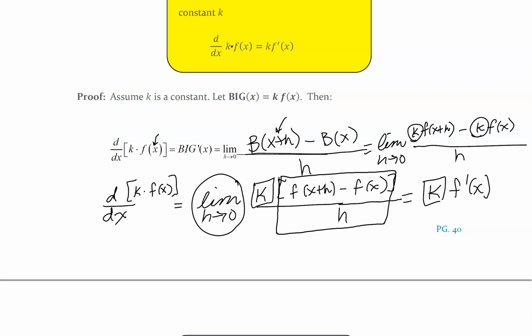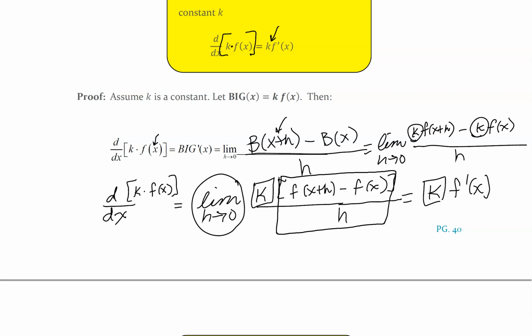So we have just proven that the derivative of a constant multiplied by a function is the constant multiplied by its derivative. That's the second rule that we have.